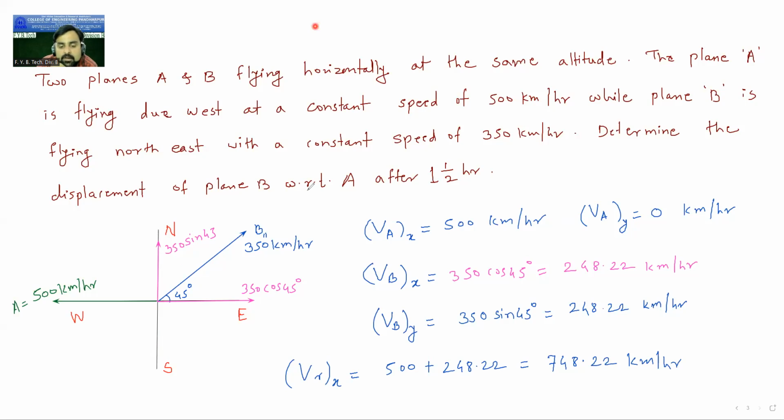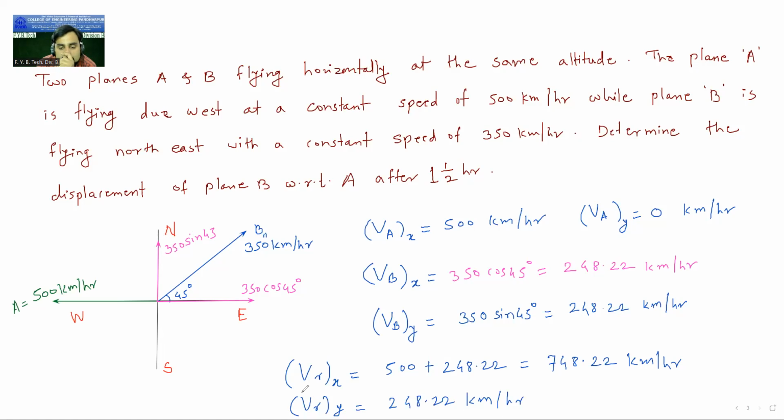So if I calculate the relative velocity in y direction, this y direction is this, so 350 sin 45 is there. So it is 248.22 minus, here nothing is there, so there is no question of minus or plus, it will be 0 kilometer per hour.